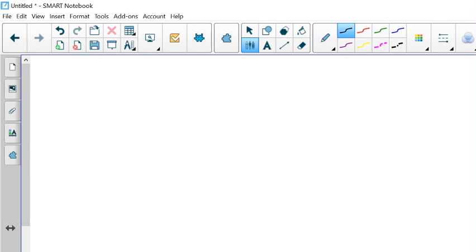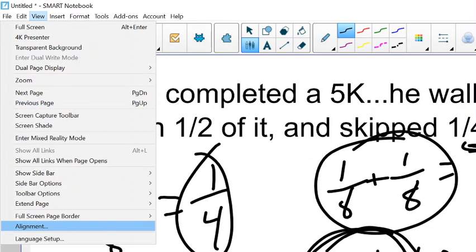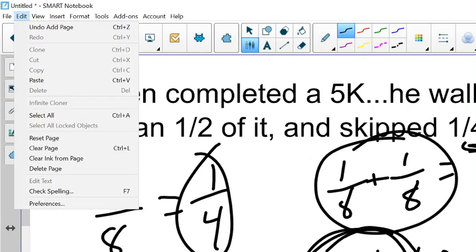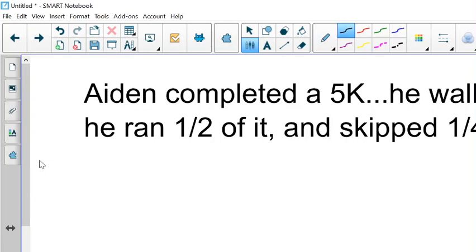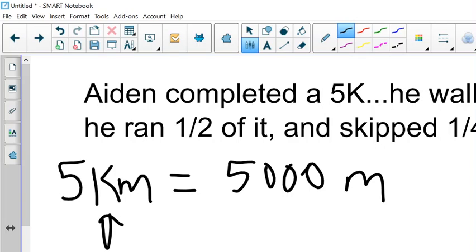What if I told you that same story? Actually, let's clear the ink. And let's do it like this. What if you had to solve it in meters? If it's kilometers, I know kilo means 1,000, so it's actually 5,000 meters. Okay, so now let's figure it out in meters.